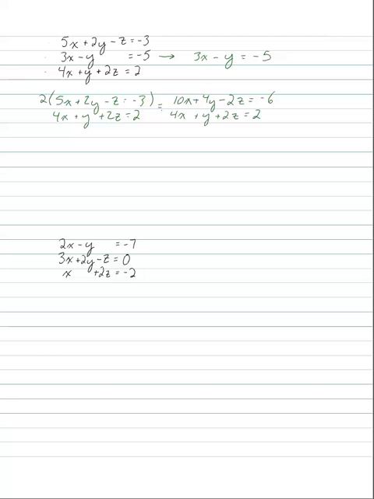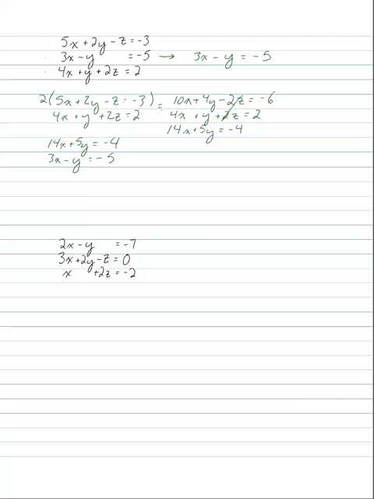So 14x plus 5y, check, make sure that your z's cancel, they do, equals negative 4. Okay, so I have 2 equations. I have 14x plus 5y equals negative 4, and I have the one I was given, 3x minus y equals negative 5, both with just 2 variables.